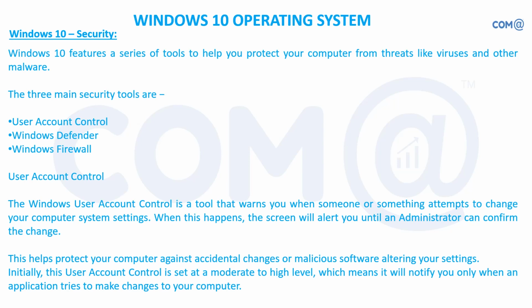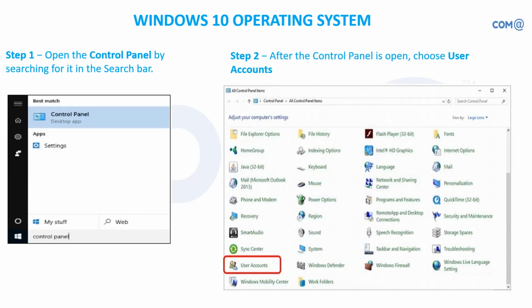If any application is trying to enter into my kernel part or make key configuration changes, it will prompt me once, so I can decide whether to continue with the application or not, or I can give an exception and proceed with the installation of the application. It is just giving you a warning. Based on that information, you can proceed or not proceed with the application. That is the user account control.